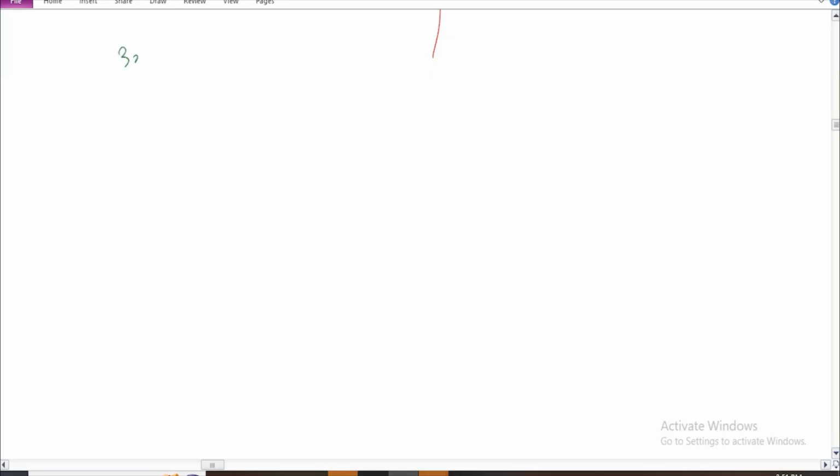Suppose 3x + 4y + 5 = 0 and 5x + 12y + 6 = 0. These are the two lines, intersecting lines. The question is, find the angle bisector containing the point (1, 1). So first put the point in the lines.